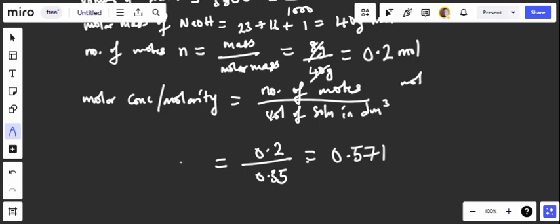So the final unit of molar concentration will be what? Mole per dm cube. So the molar concentration of sodium hydroxide is what? 0.571 mole per dm cube. Thank you.